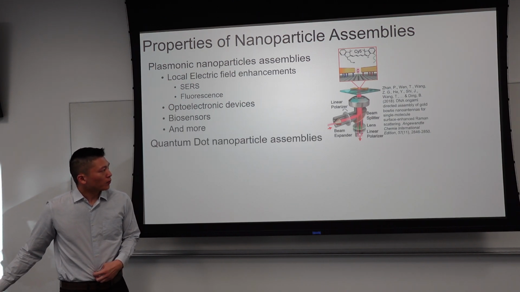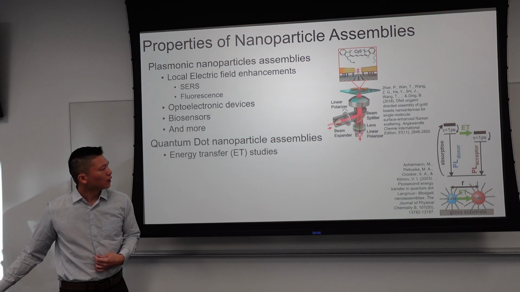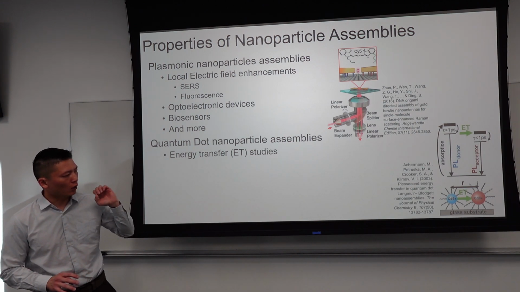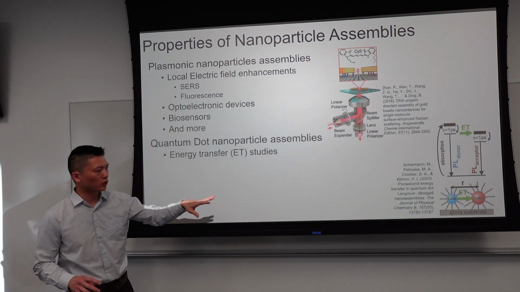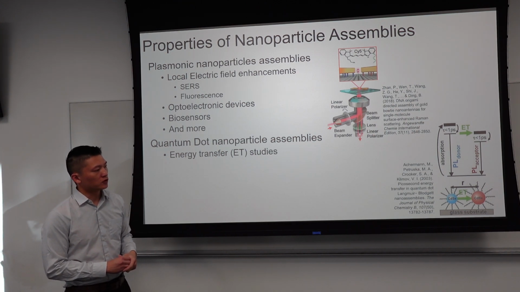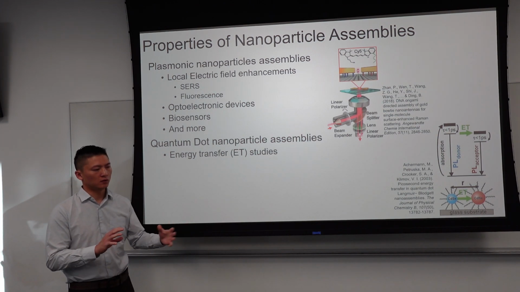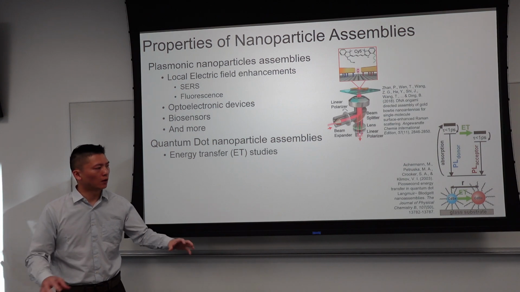As for the quantum dot nanoparticle assemblies, it turns out that if you are able to assemble quantum dots such that they are nearby each other, there could be some form of energy transfer. This is, again, similar to the atomic model.